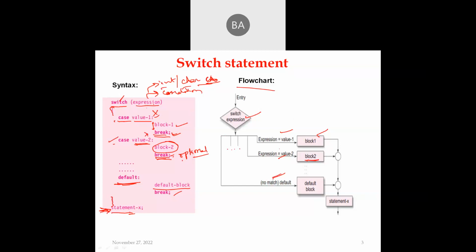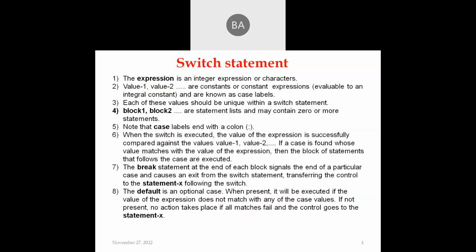If the expression value does not match any of the case label values, value 1, value 2 and so on, then it will execute the default case label, so the default block will be executed. After that, the control comes to the end of the switch statement. After completion of execution of any of these case labels, the control again comes to statement X. So this is the flow chart for the switch statement.